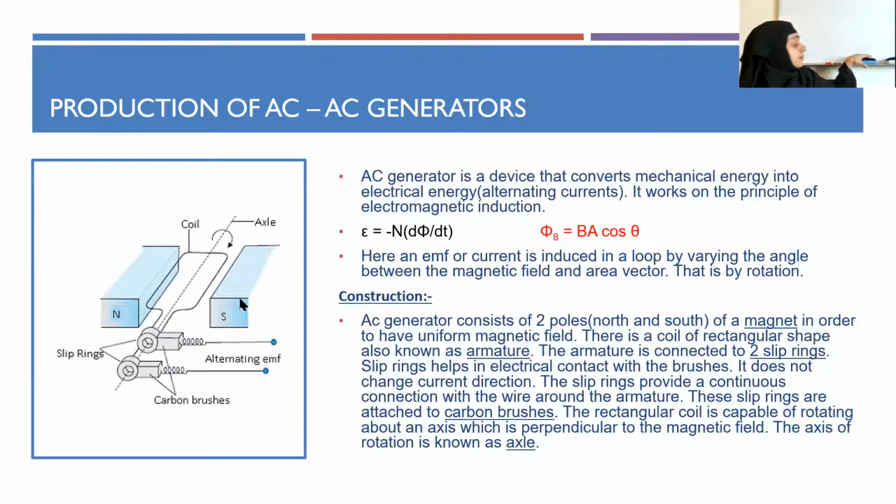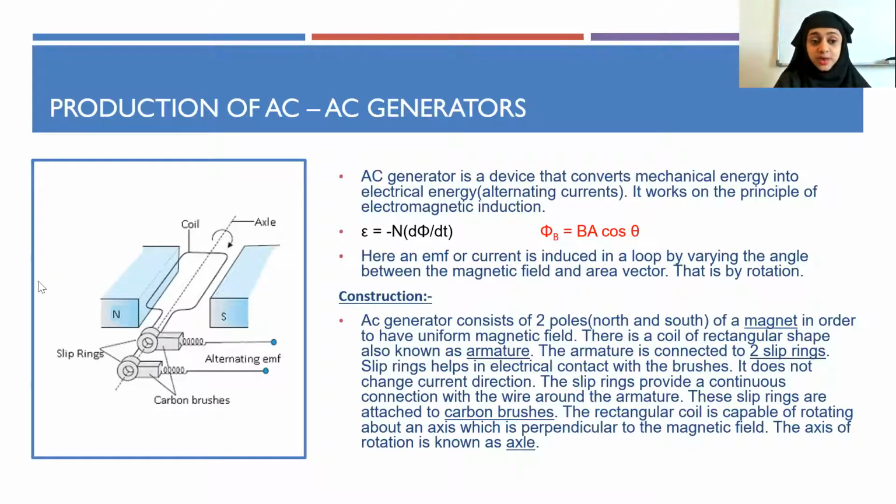And this rectangular coil of wire, suppose this is the rectangular coil of wire, it is rotating in between. It is free to rotate. So these are the parts of an AC generator. What are the parts? It has a magnet, an armature, two slip rings, carbon brushes, and this armature rotates about an axis which is called an axle.